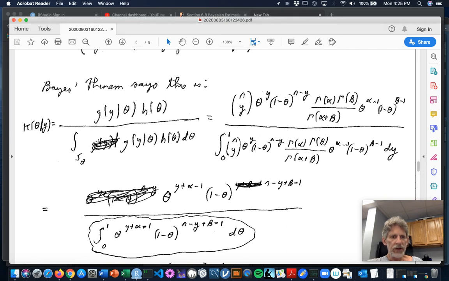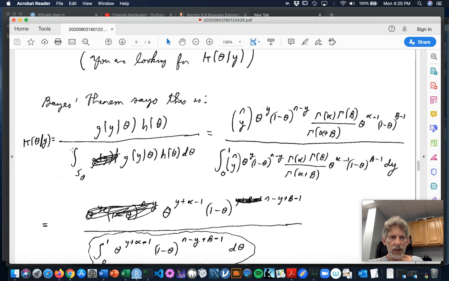The theta this time is a continuous type random variable, so in the bottom we get one of these integrals. Let's write in everything we know. g of y given theta is the binomial PMF, the chance of making y shots out of n, given that she has a theta chance each time. And what's the chance for capital Theta to be little theta? This.